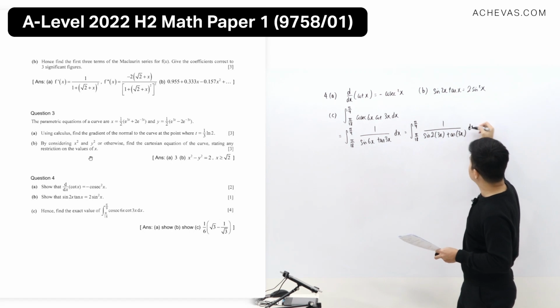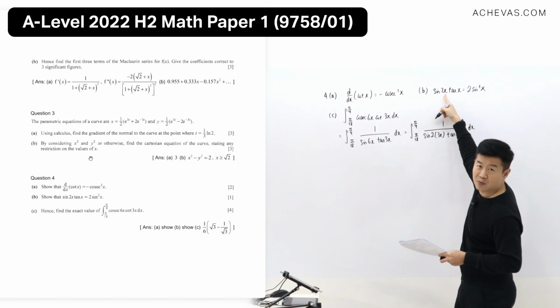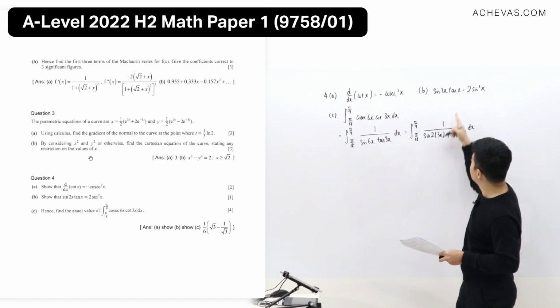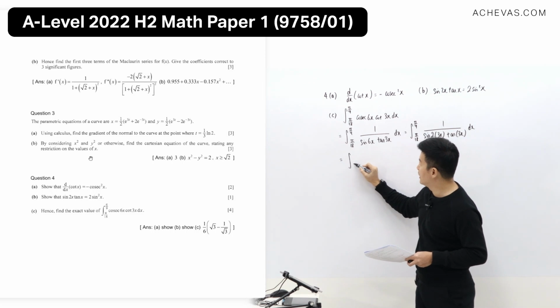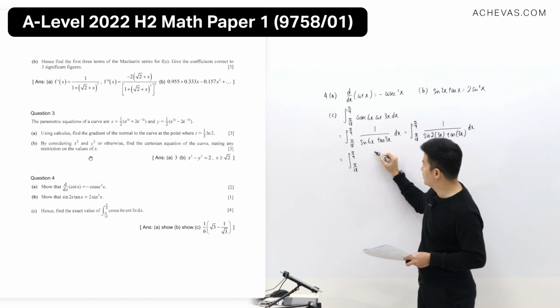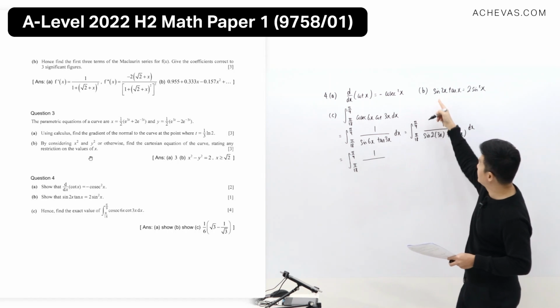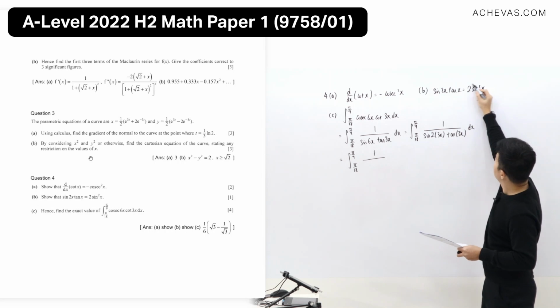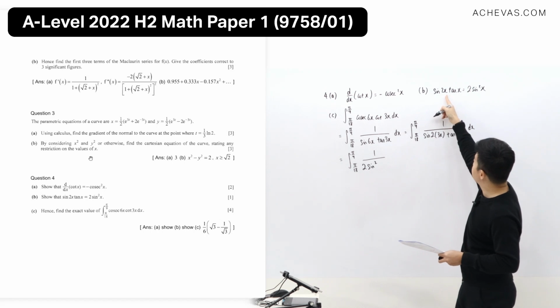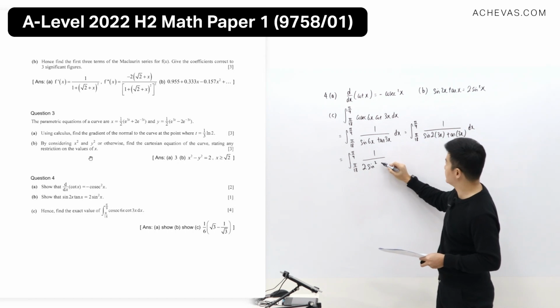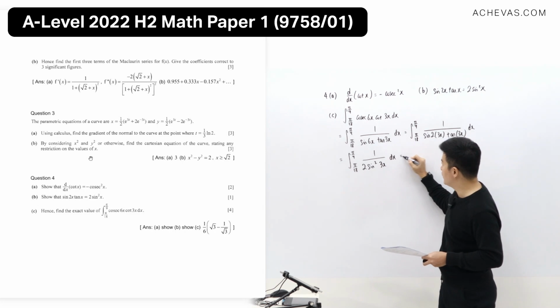So based on the identity that we have here, it's like replacing x by 3x, which means that what I am going to be left with in the denominator after I apply the same identity as part B is a 2 then sine square. Since x is replaced by 3x, I'm going to be left with this.